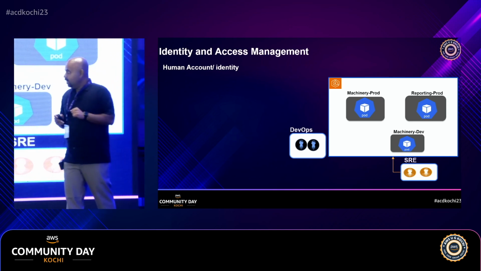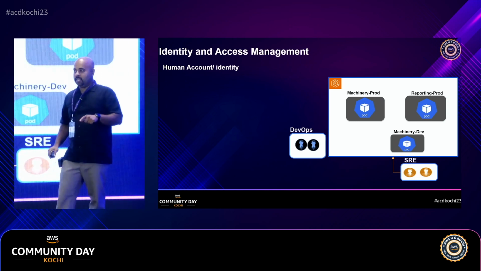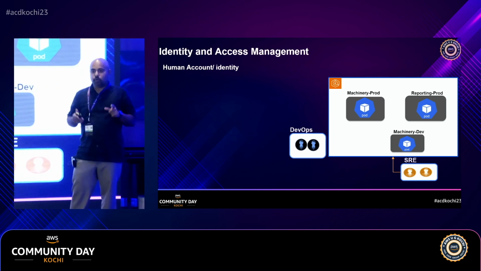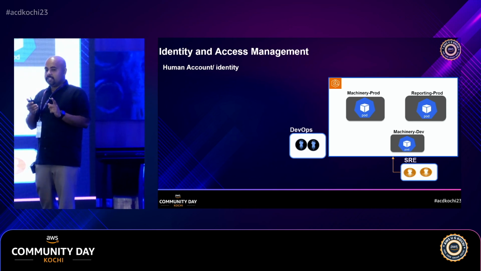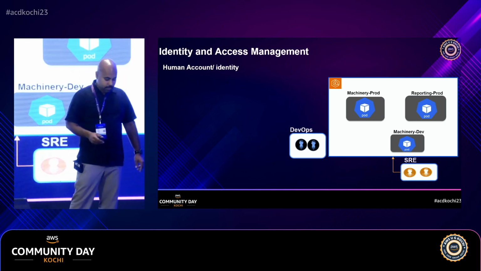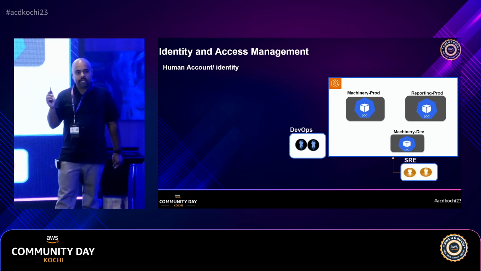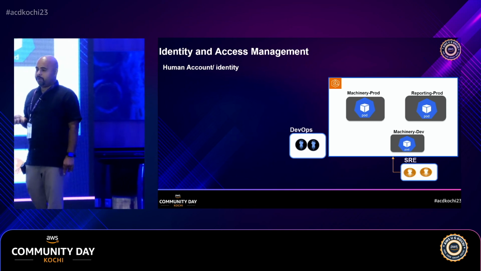Here, when we say IAM, there are 2 components. First is the human account, or human identity. The second is the service account, which is used by services, and we'll see that. When we look at human identities, the customer already had employed some great practices.